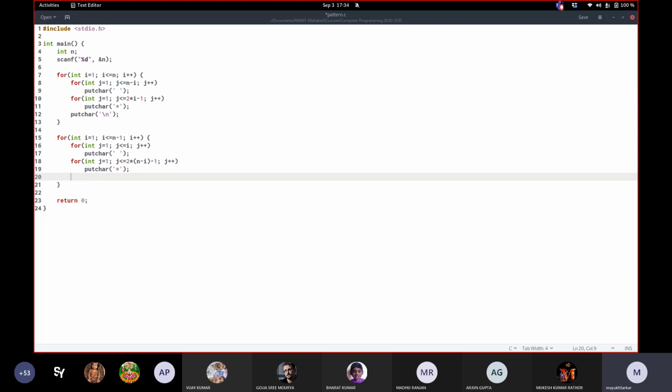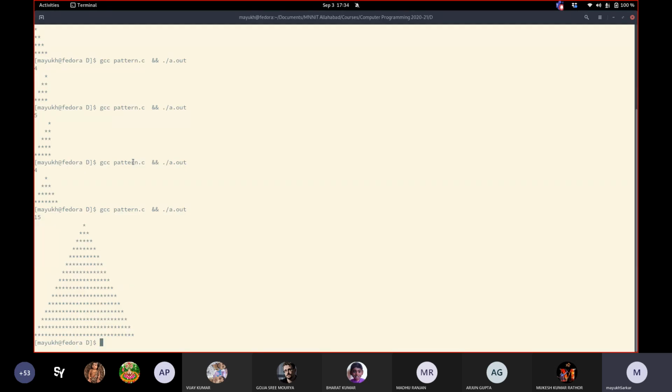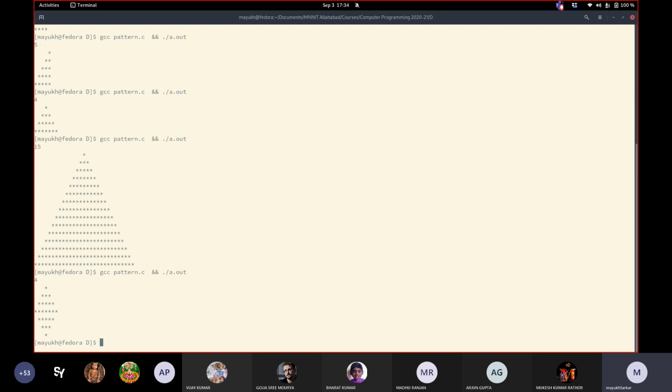Okay, and print a new line. Now let's see if this is giving me the output. Let me use 4, and yes, it's giving me the output.